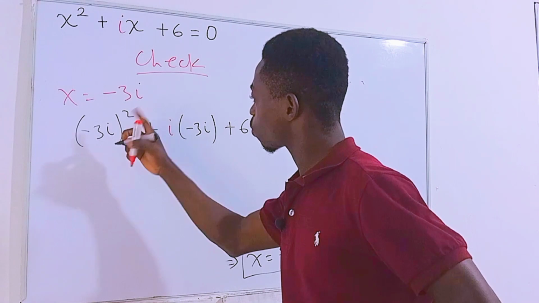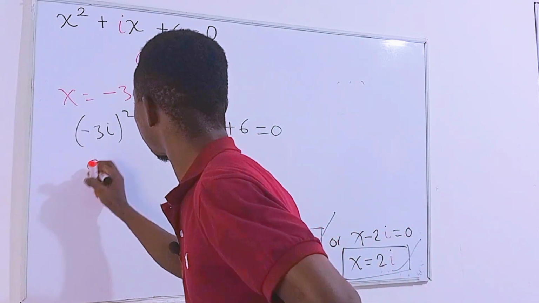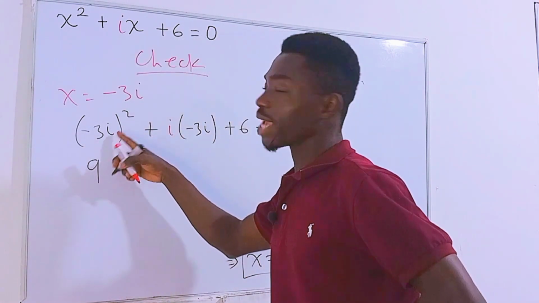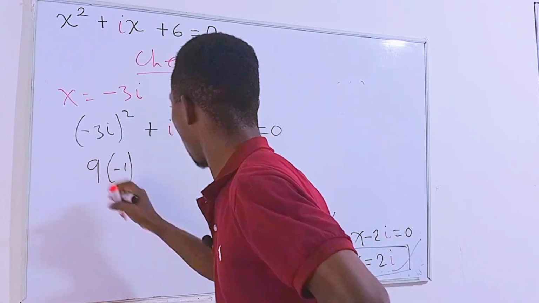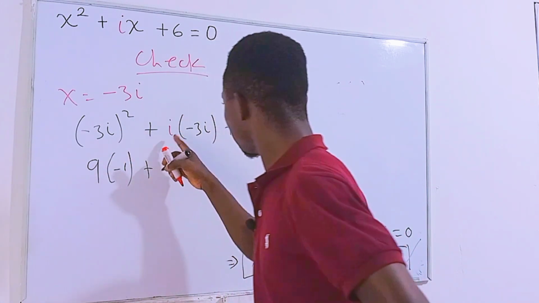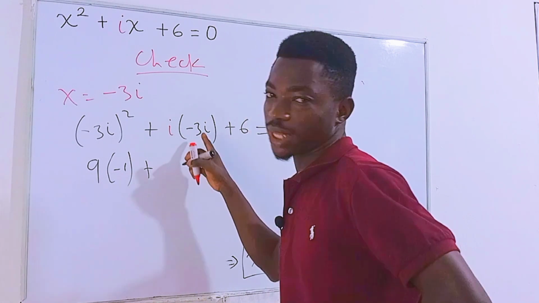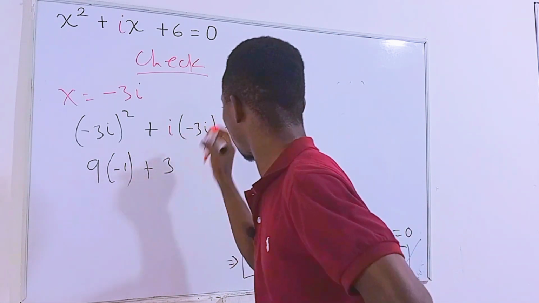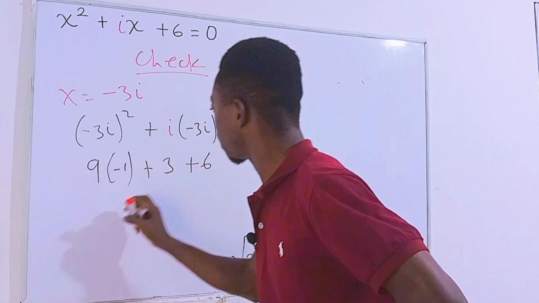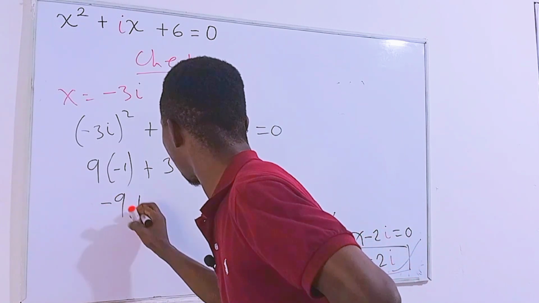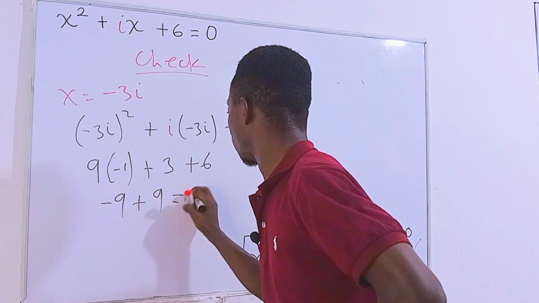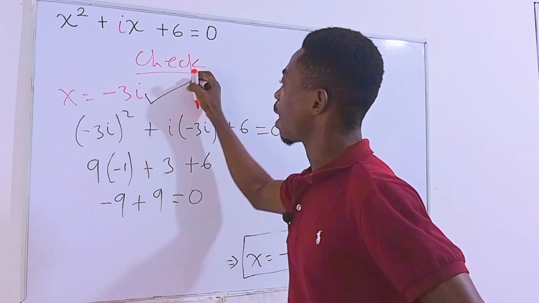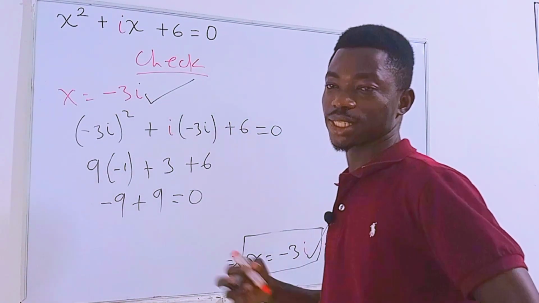Now -3 squared is going to be positive 9. Then i squared is just negative 1. Then plus i times i is negative 1 times negative 3, that is positive 3, then plus 6. And this is equal to negative 9 plus 9. Of course, this is 0. So it means that x equal to negative 3i is a solution.